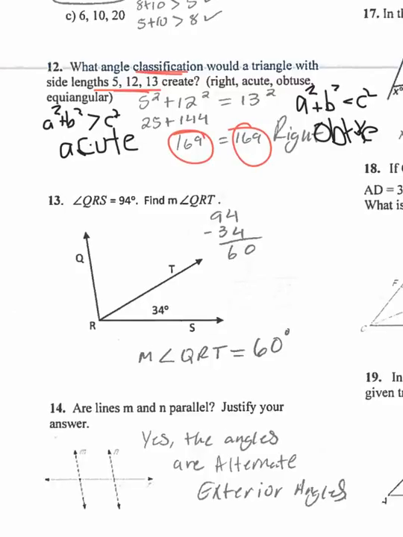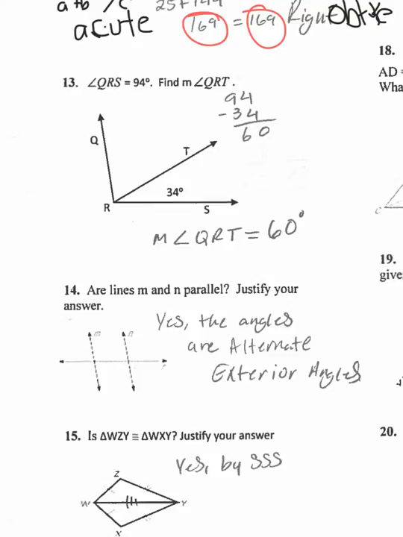All right, 13, QRS is 94, so the whole angle is 94. Find QRT, which is right there. So obviously, it's simply 94 minus 34. And there you go. Are the lines parallel?